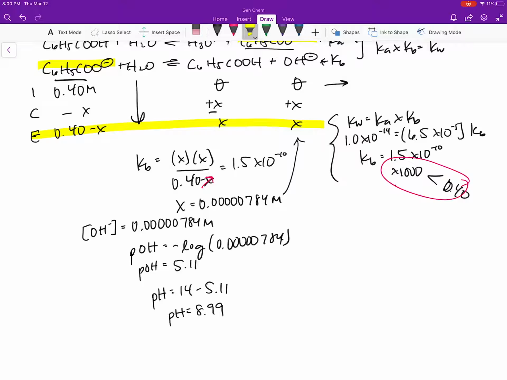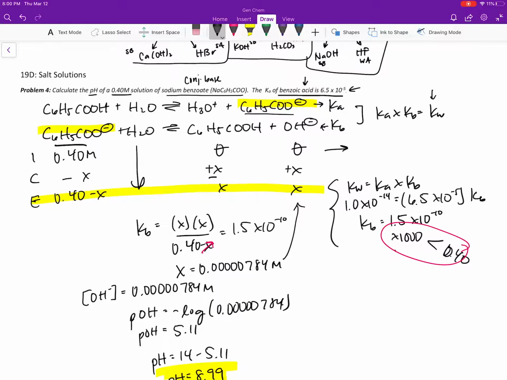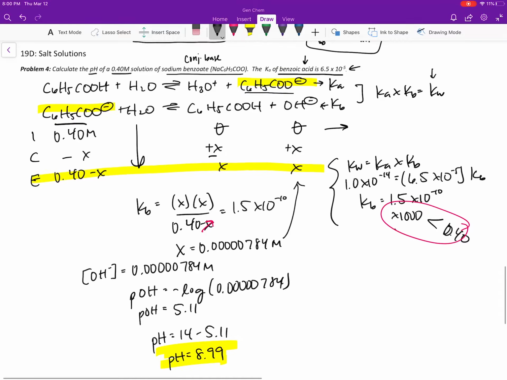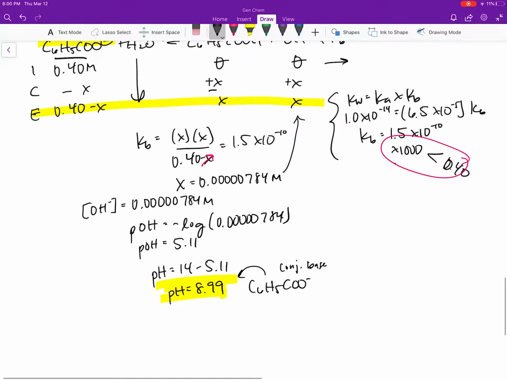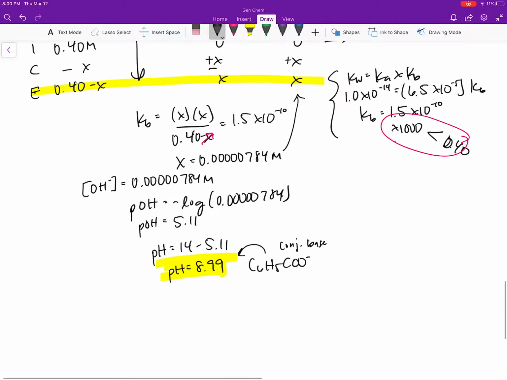That makes sense because we're talking about Kb and the conjugate base, the sodium benzoate, which should suggest it would have a basic pH, just slightly. Okay, so that's how you solve this problem when you have a salt, when you have the conjugate base or the conjugate acid salt present.